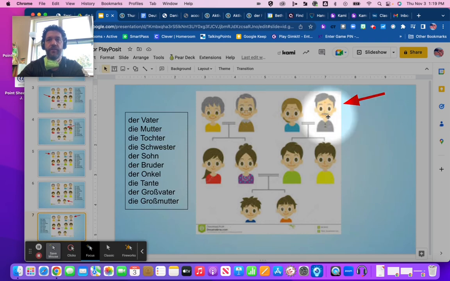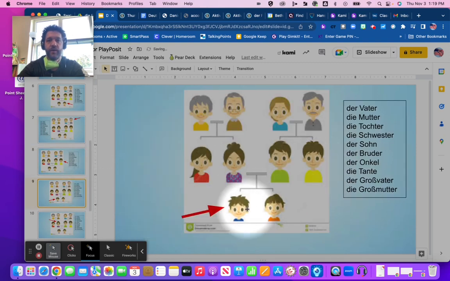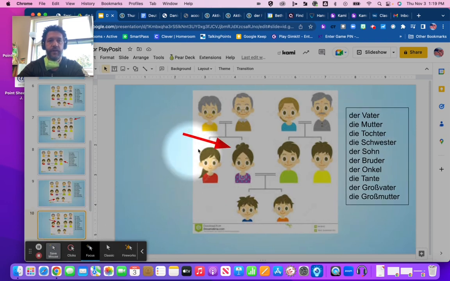And the next one. Wer ist er? And the next one. Wer ist sie?